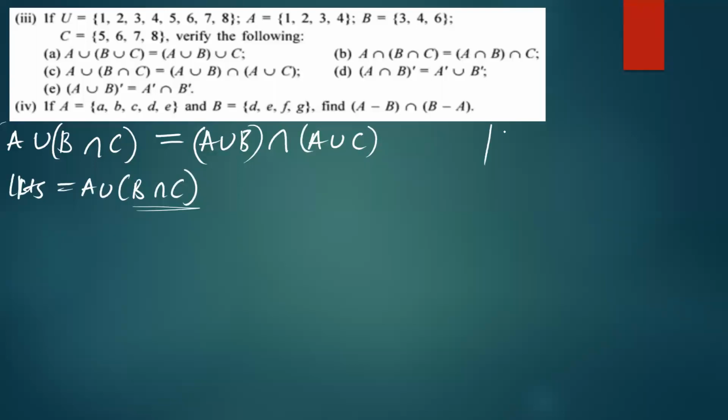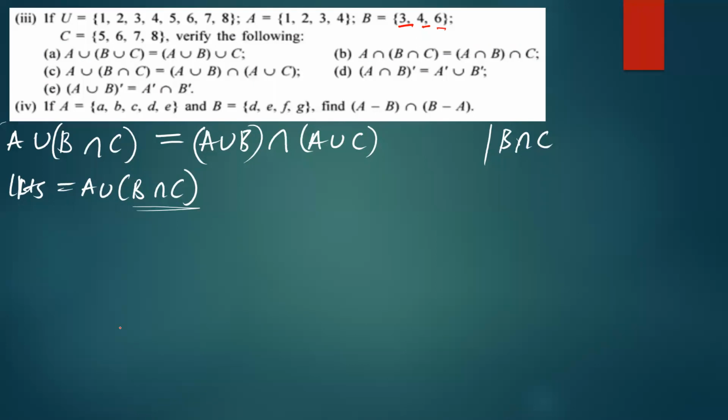B intersection C simply means we find the elements that are common in B and C, the elements present in both. When you check sets B and C, in B we have 3, 4, and 6, and in C we have 5, 6, 7, 8.